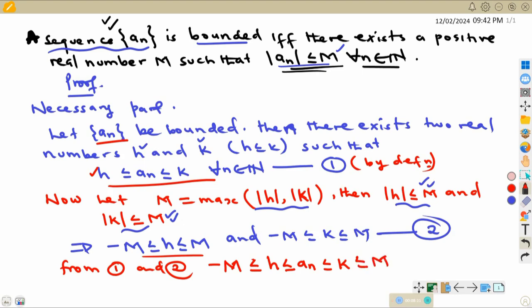We have negative m is less or equal to h, but this h is less or equal to an, which is less or equal to k. But this k, when you come back to this, is less or equal to m. So I can write this from equation 1 and 2. And if I write this, it means this is true for all n which is picked from the set of natural numbers.